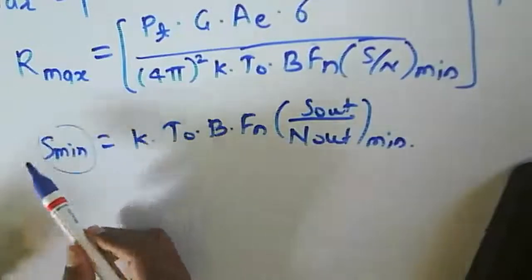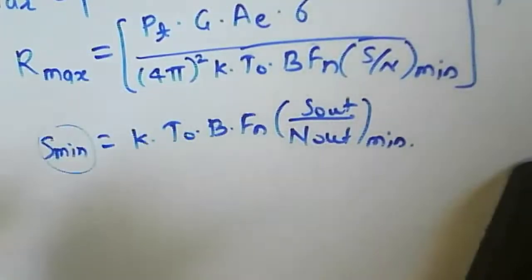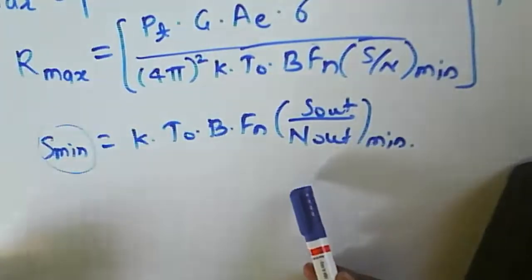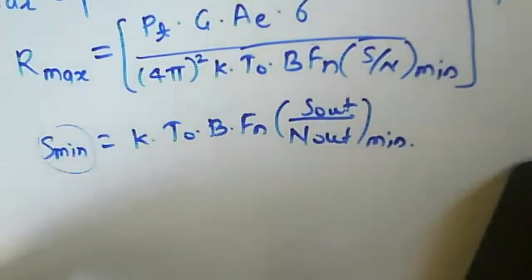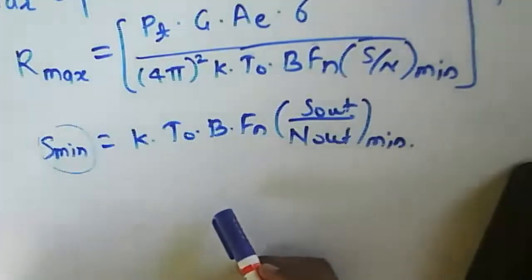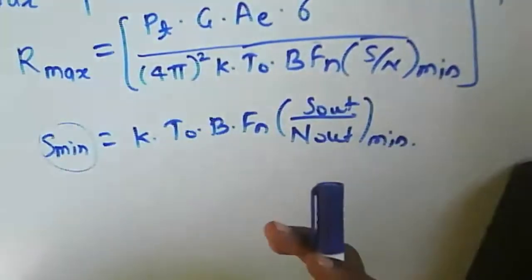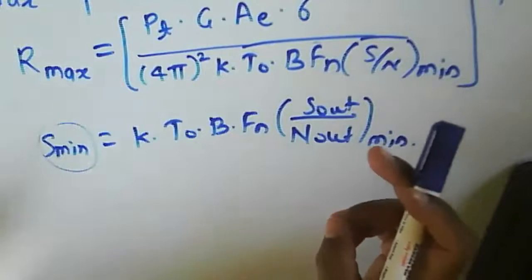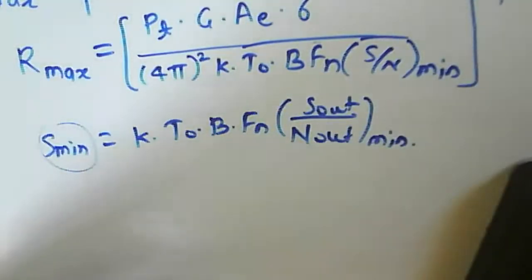This is to be replaced by the minimum detectable signal to noise ratio, the output noise ratio, and that S by N will provide the signal to noise ratio.